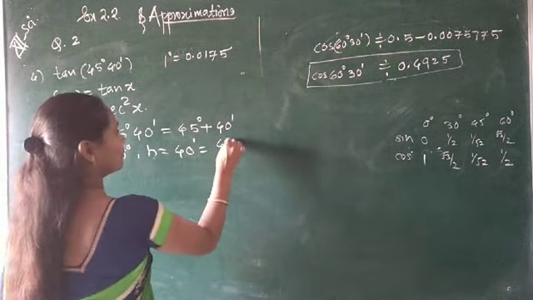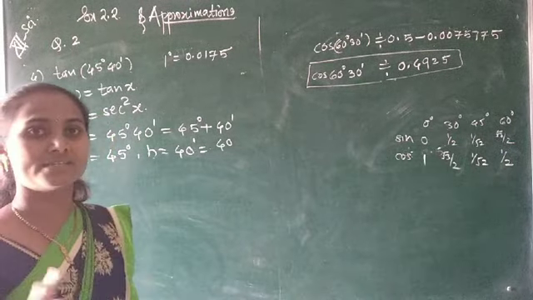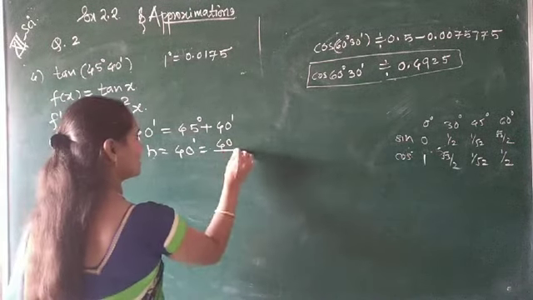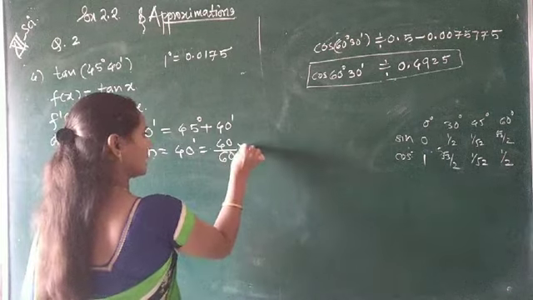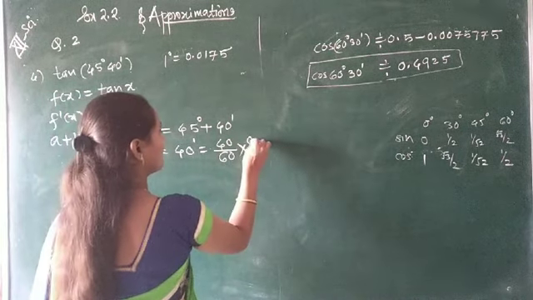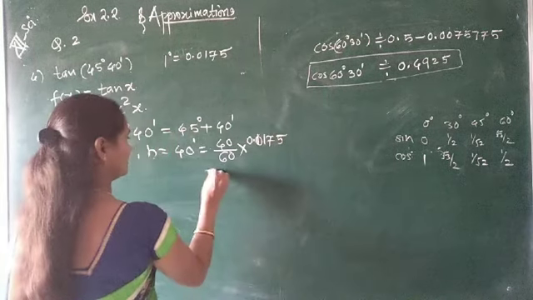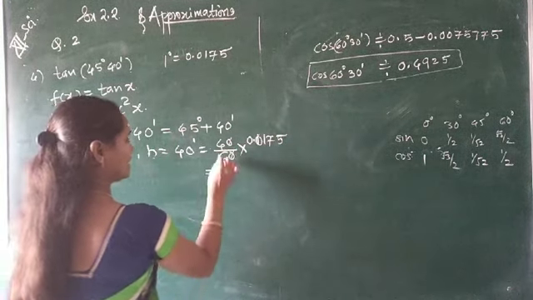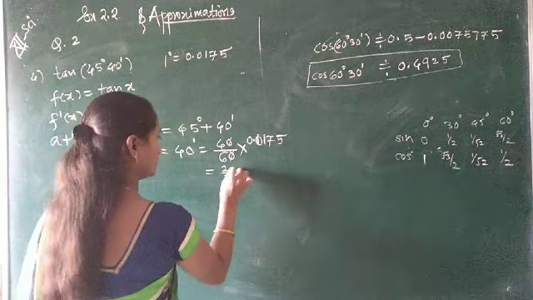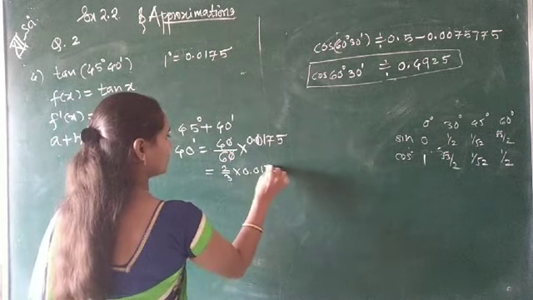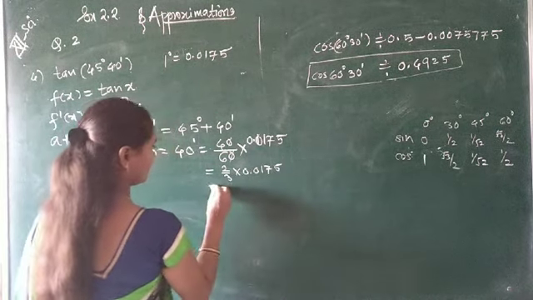But we don't know the value of these 40 minutes, so we take it in radian. We know 60 minutes is 1 degree. So 40 minutes divided by 60 minutes, and we know the value of 1 degree, 0.0175. The 0 will get cancelled here. That is 2 upon 3 into 0.0175.